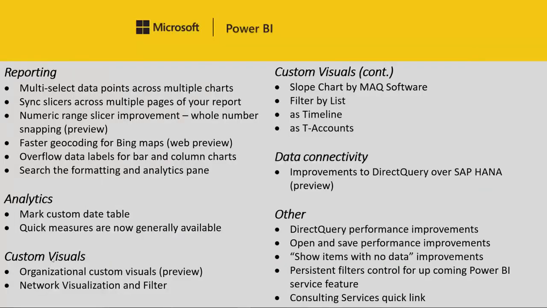Our next visual is filter by list, and this custom visual is all around being able to filter down the data in your report page to a very specific list of values.